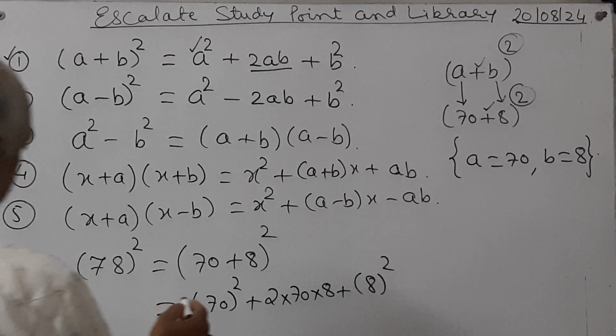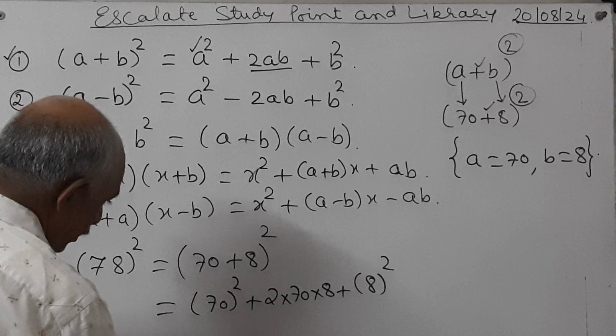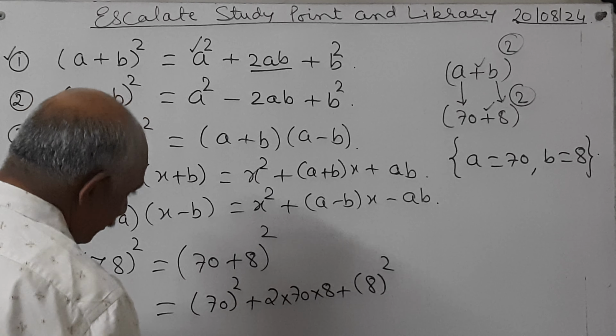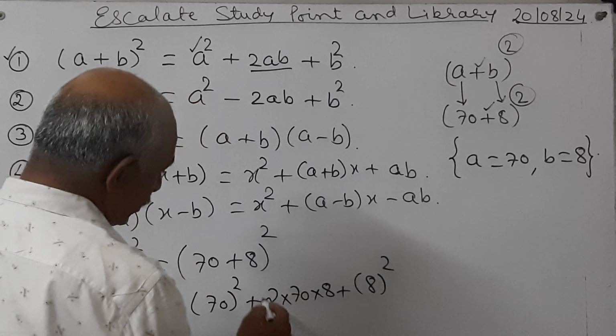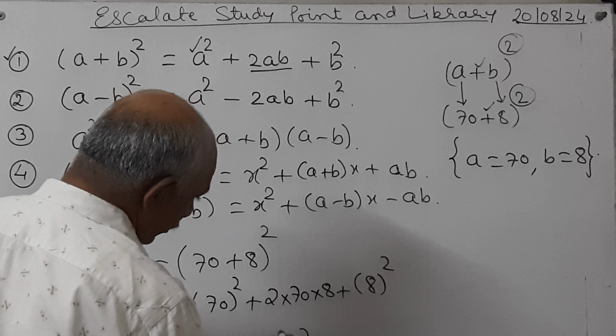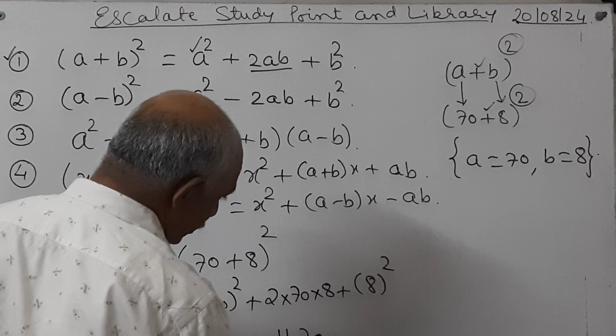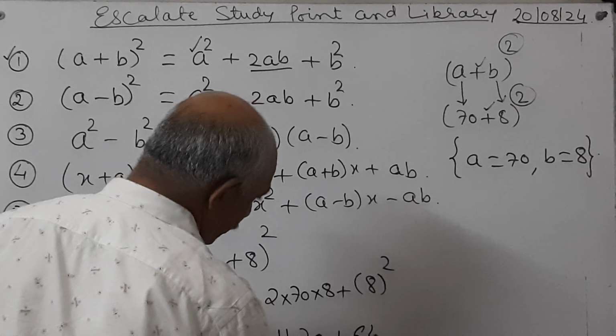Now 70 square, 7 7s are 49, so 4900. Here 8 7s are 56, 56 2s are 112, so 1120, plus 8 square, 64.